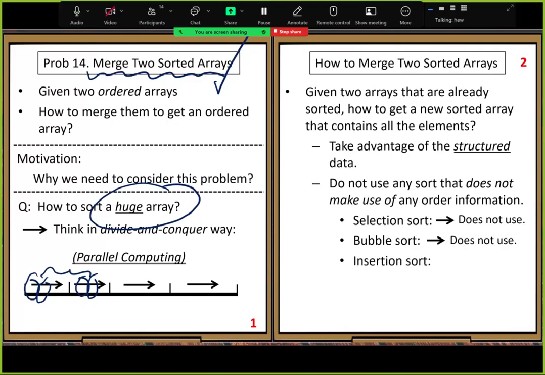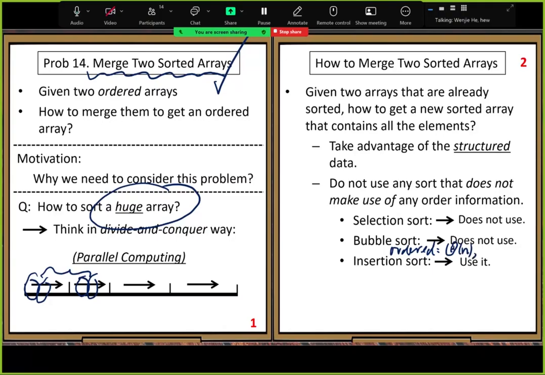How about the insertion sort, which we just learned in part A of this module? When the data is ordered or unordered, do you see a big difference in the efficiency function? Yes. Because if the data is ordered, you have the best case, big theta of n.